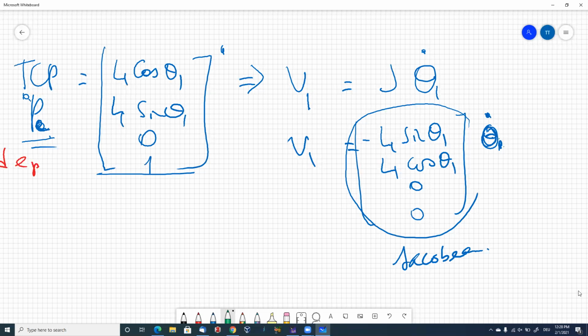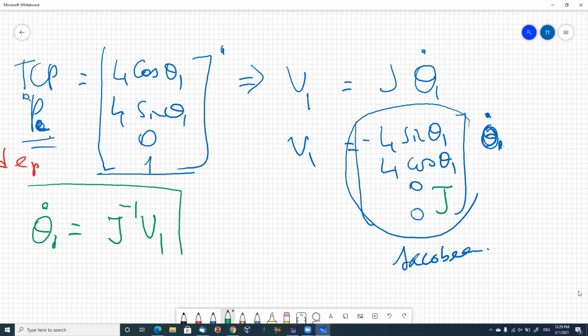That means if you want theta 1 dot, you can simply invert: if this is the Jacobian, then theta 1 dot is the Jacobian inverse times v1. Could you see now? I can easily compute my joint variable velocity by multiplying with the inverse of the Jacobian. That is the advantage, and that's why we want to use the Jacobian.